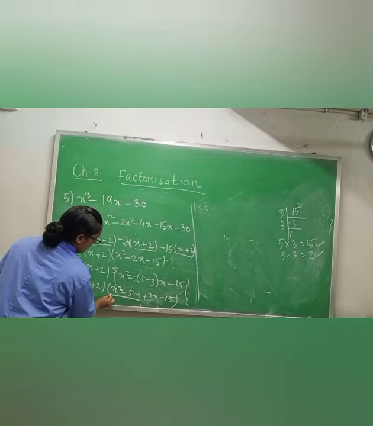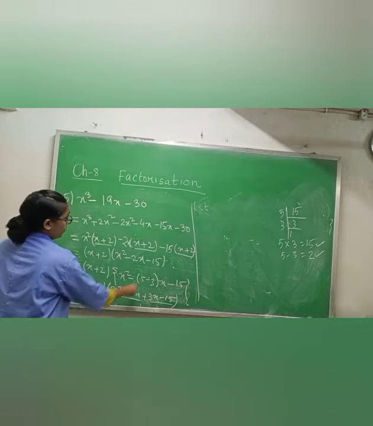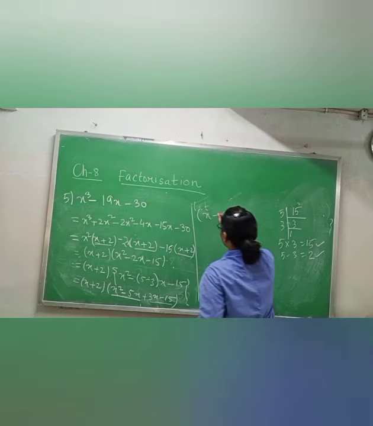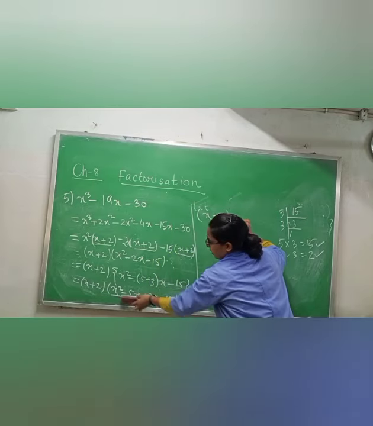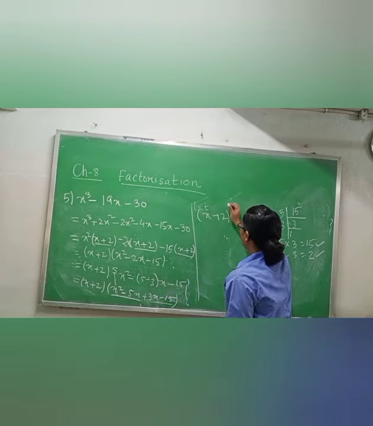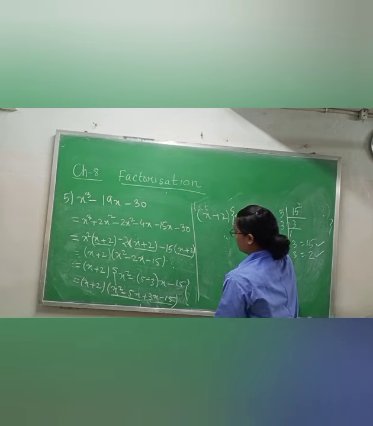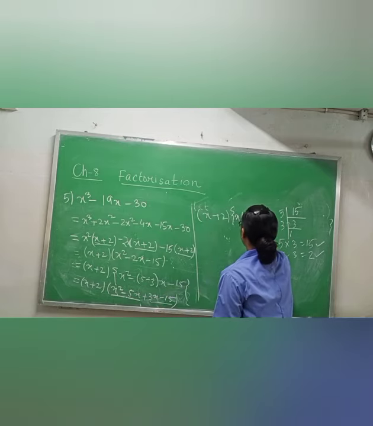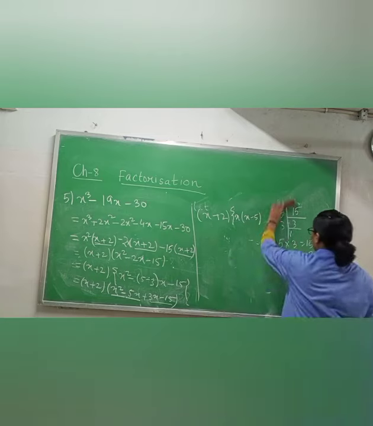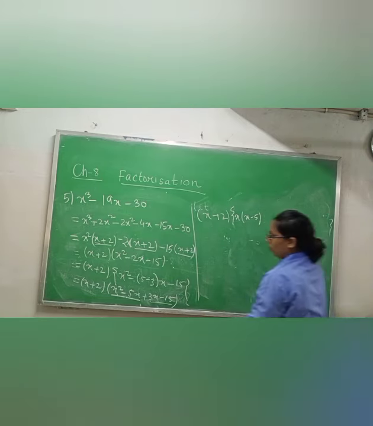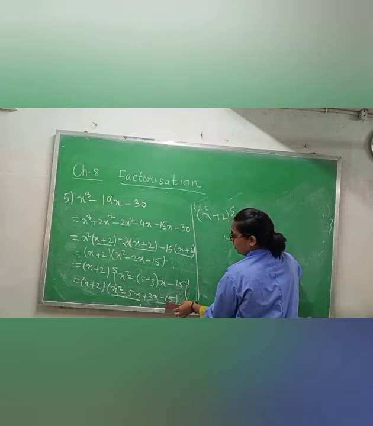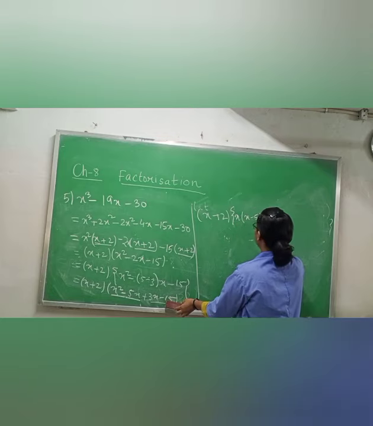You will take common from these two and these two. So first I will write x plus 2 as it is. Now take common x. x is common. x minus 5 will be left. x minus 5. Now in these two, 3 and 15. In 15 also 3 is present.